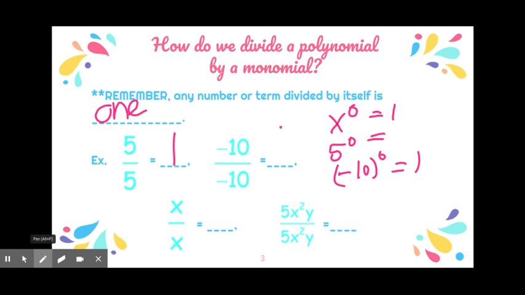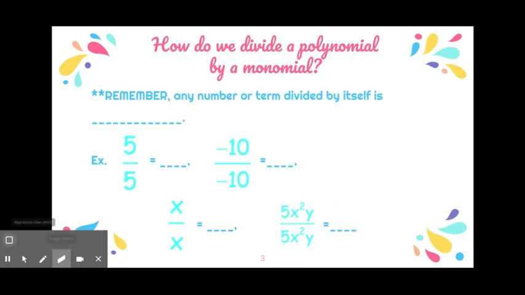Negative 10 divided by negative 10 is 1. X divided by x is 1. 5x to the second y divided by 5x to the second y is 1. Now, if you can recognize that it's a term divided by itself, then you're good to go. But if you can't, you can use your laws of exponents, but it's a lot easier if you could just recognize that anything divided by itself is 1. Pause the video, make sure you get that down.